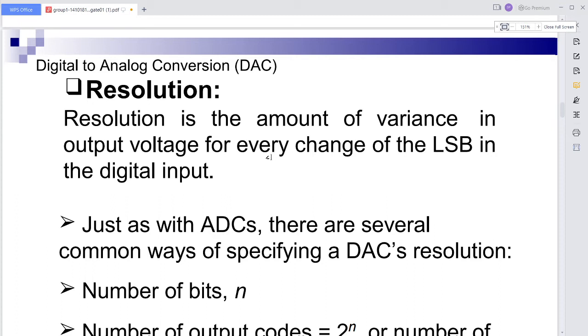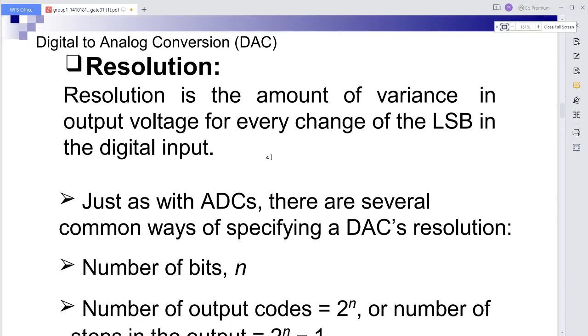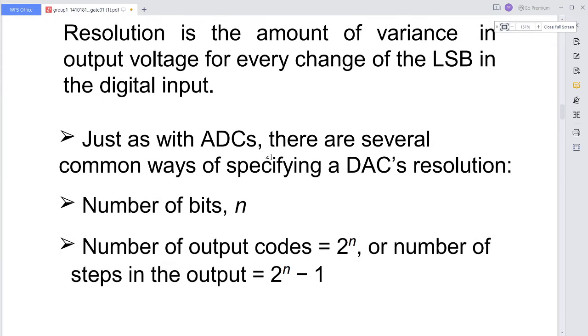With that least significant bit, if I change the input, then what amount of output can be varied? That is called resolution. So in the resolution, we have to calculate the change of the output voltage with respect to the change of the bit information in the LSB. LSB stands for least significant bit. So now this is about the resolution.